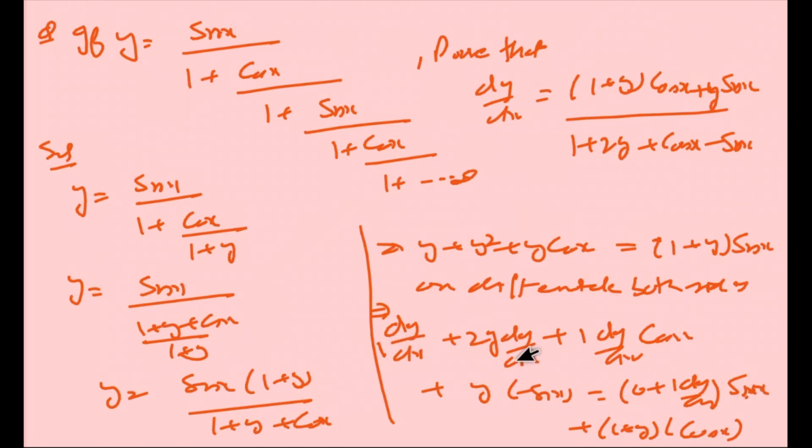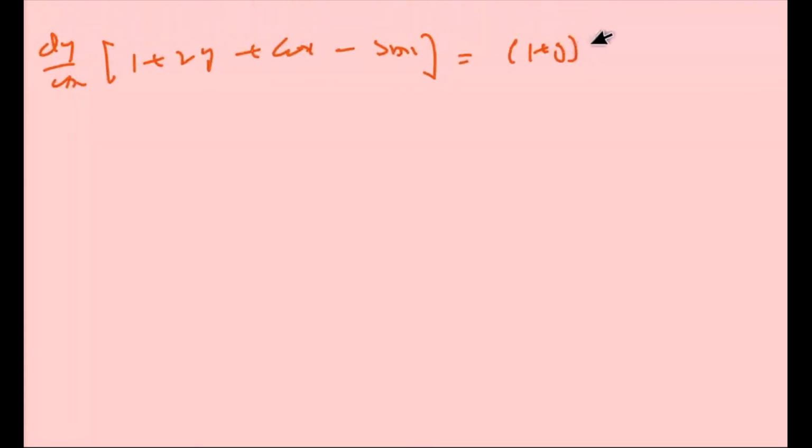Now taking dy by dx, this dy by dx here on this side, and taking common, what we got is dy by dx times 1 plus 2y plus cos x and also minus sin x, and here we are left with 1 plus y cos x plus y sin x.